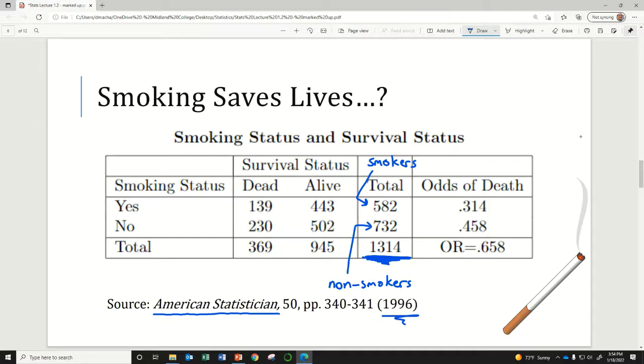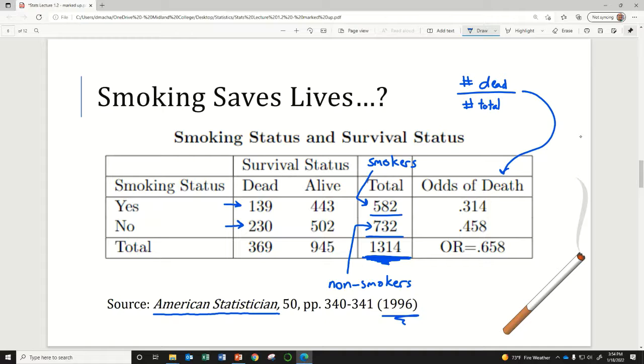So among the smokers, after 10 or 15 years or so, 139 of them had died. And out of 732 non-smokers, they found that 230 had died. And if you calculate the fraction for each group, the number dead divided by the total that you began with in the group, this is what calculates the odds of death, right?